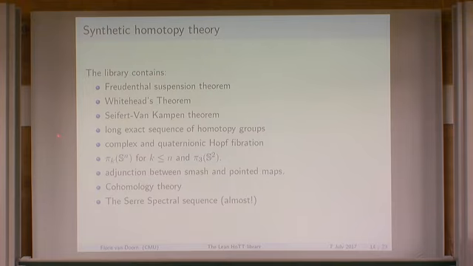We've computed homotopy groups of spheres, and then there are things which are not in the book, like the adjunction between the smash product and pointed maps, cohomology theory, and the Serre spectral sequence, which is almost done. And then there is work in progress about spectra and homology theory.